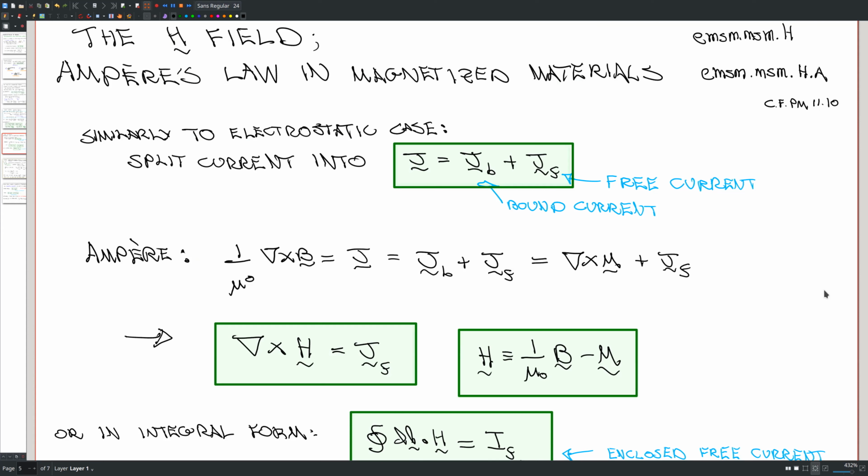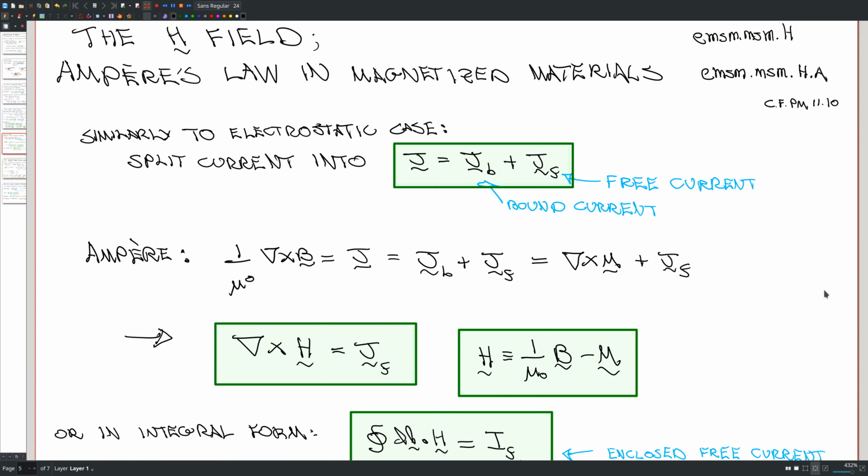So in the case of the magnetic field, we've discussed Ampere's law. You remember Ampere's law just tells us that the curl of B is equal to mu0 J. Now, similarly to what we did in the electrostatic case, in the presence of matter, we will decompose the sources of our fields into different pieces.